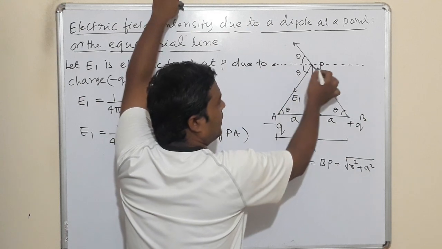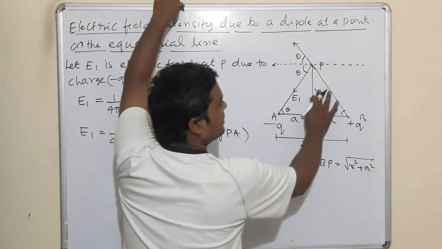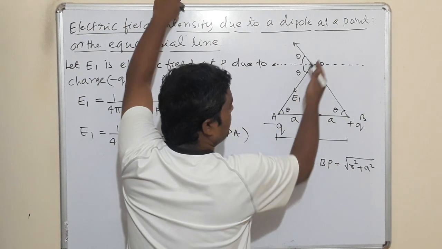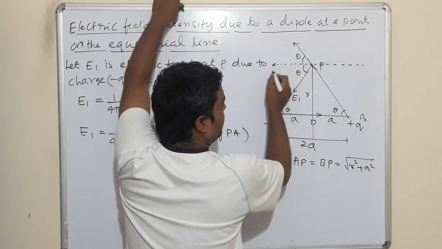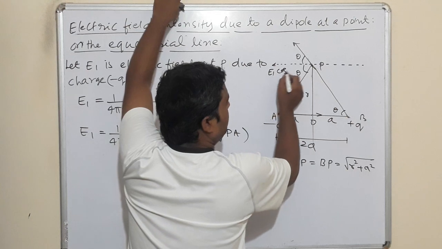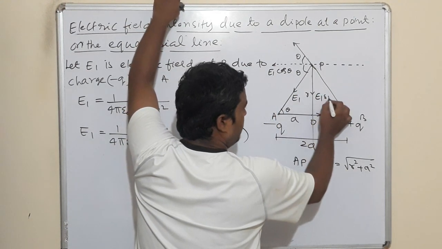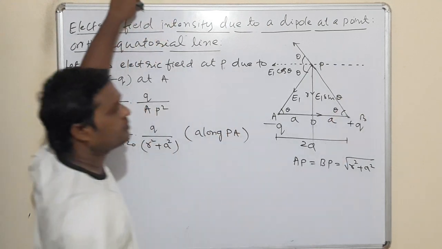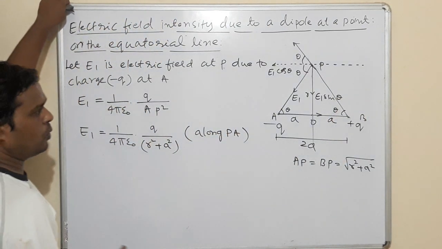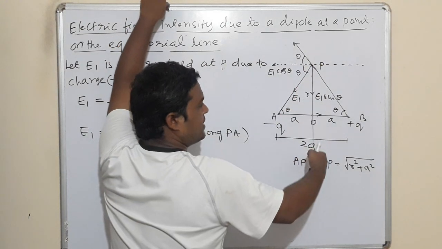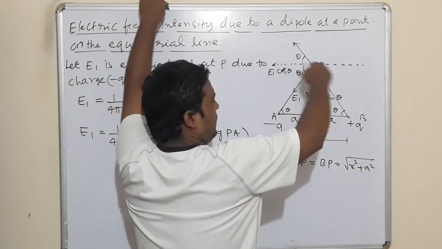One component will be like this, one component will be like this. Theta is attached to this line. This will be E1 cos theta and this side it will be E1 sin theta. I resolved E1 into two components. One is perpendicular to the dipole axis and another is parallel to the dipole axis.